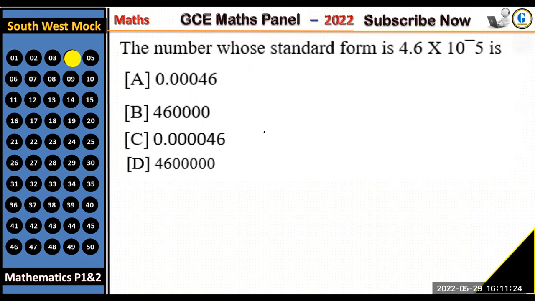Now question 4. The number whose standard form is 4.6 times 10 to the power minus 5 is.